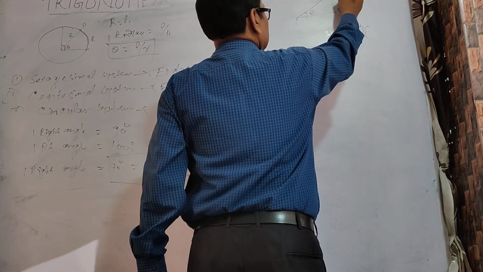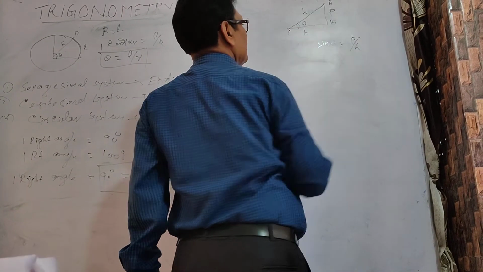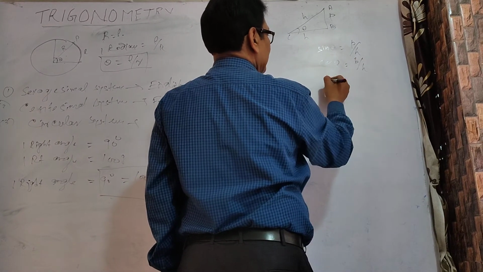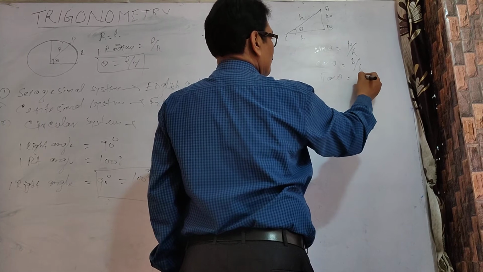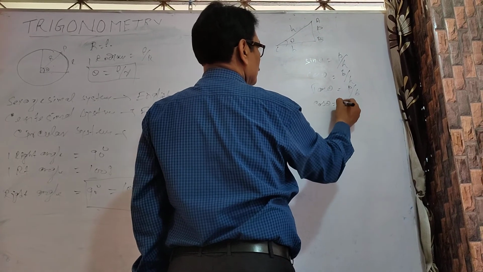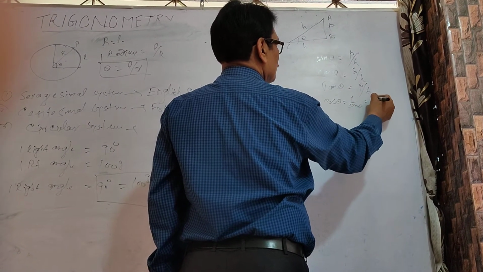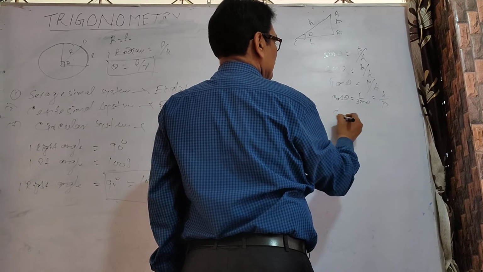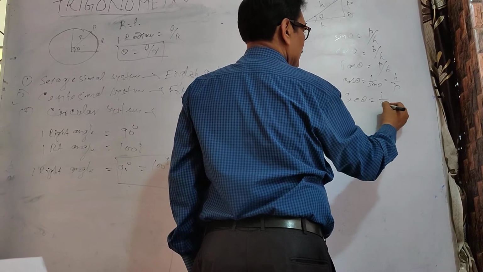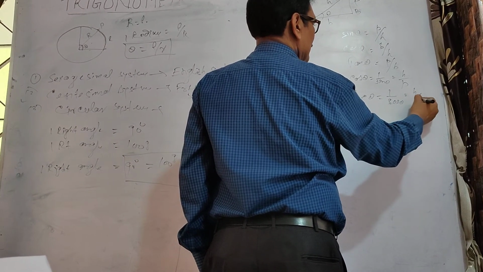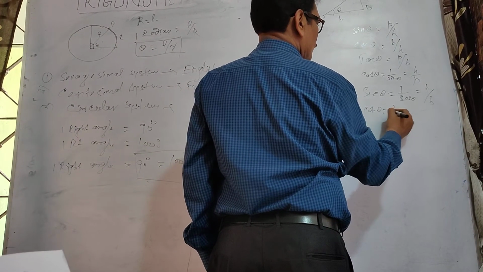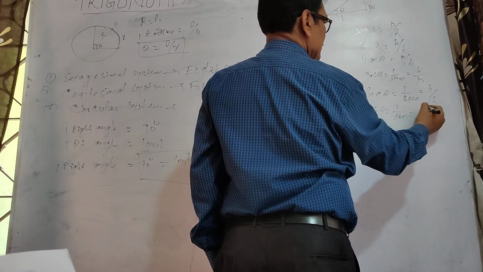Theta is this one, this is P, this is B, and this one is H, and cos theta is equal to B by H, and tan theta is equal to P by B. And reciprocal becomes cosec theta is equal to 1 by sin theta is equal to H by P. Sec theta is equal to 1 by cos theta is equal to H by B, and cot theta becomes 1 by tan theta, that is B by P.